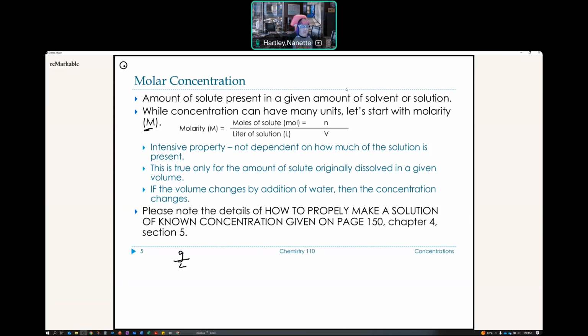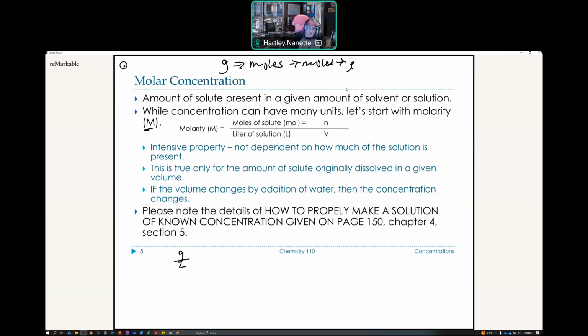So our molar concentrations, again, moles per liter. And what that means for us is if we're working with a solution that has a concentration in moles per liter, we don't necessarily have to work with that in some of the same ways that we've talked about before. So when we've been working in our grams to moles to moles to grams, that's been our process in our stoichiometry.